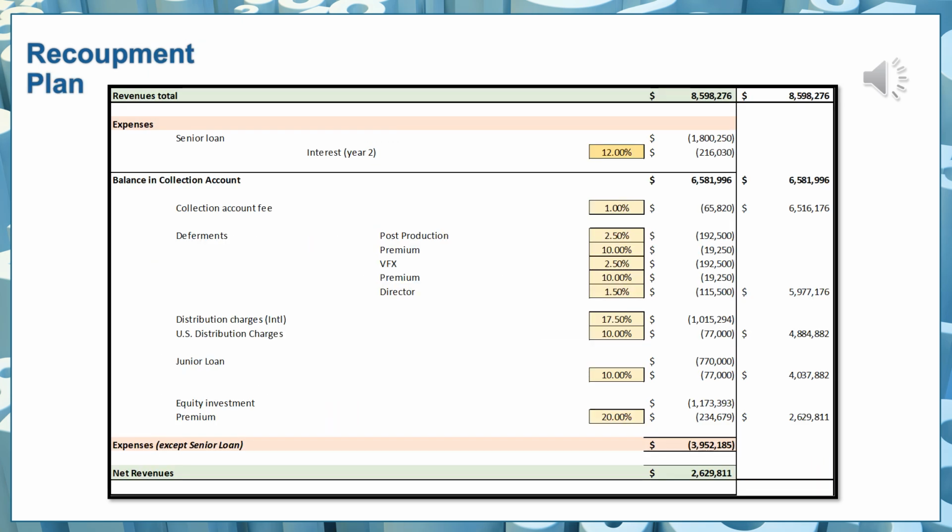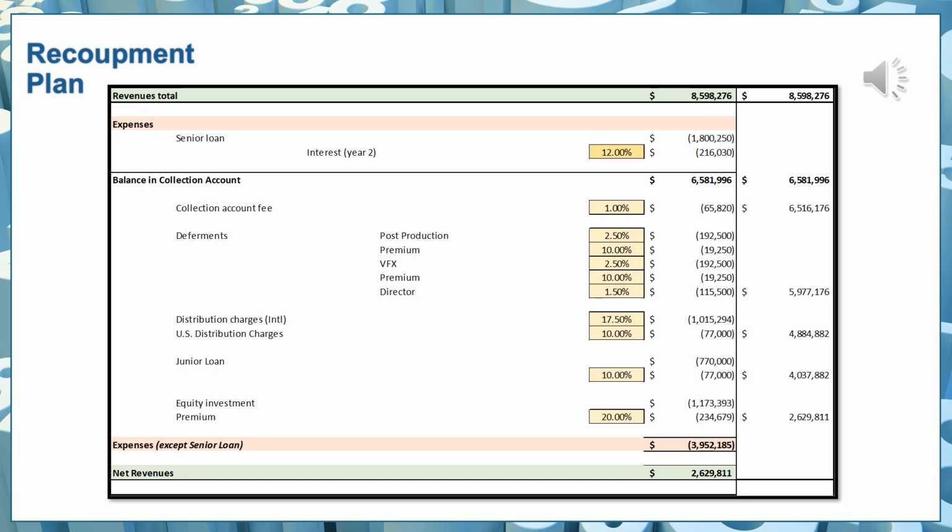So here we are starting our recoupment. We have received total revenues of 8,598,276. We're now deducting our senior loan and the second year interest from those revenues outside the collection account.